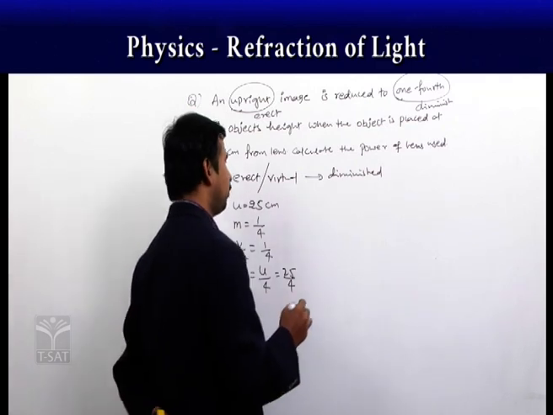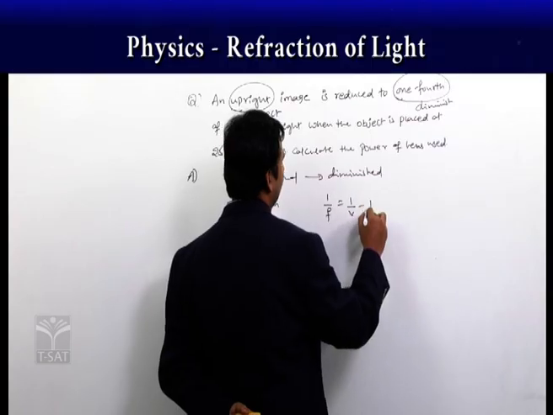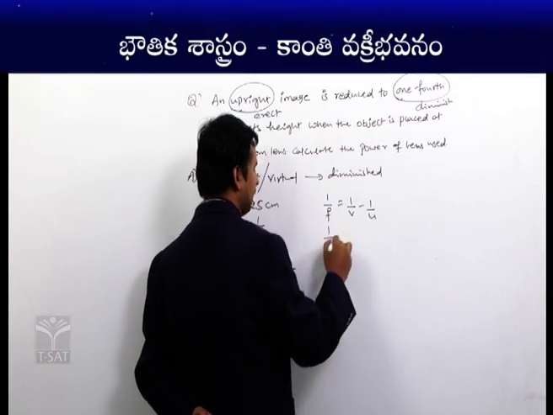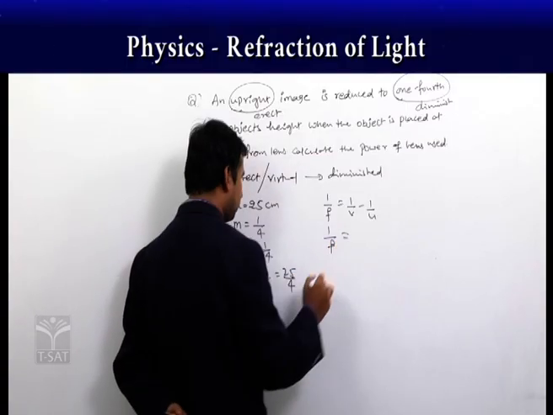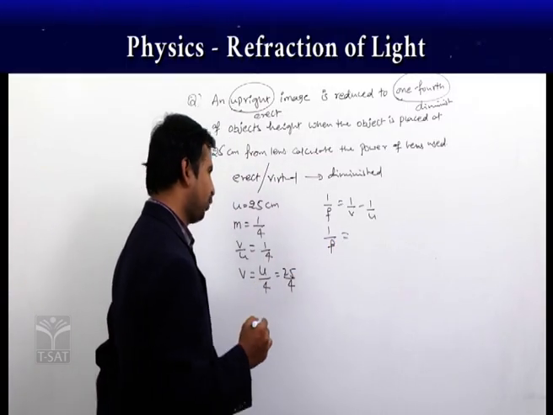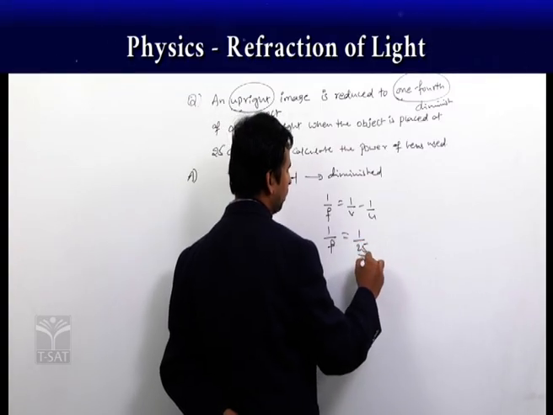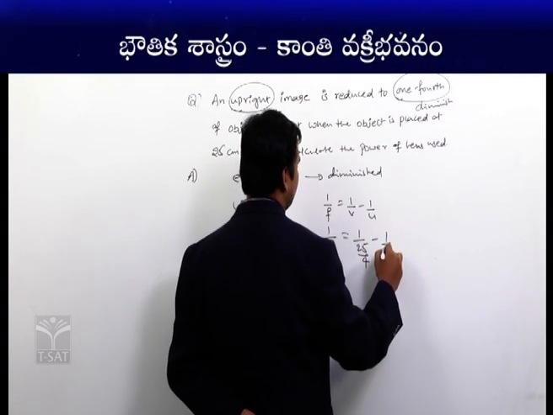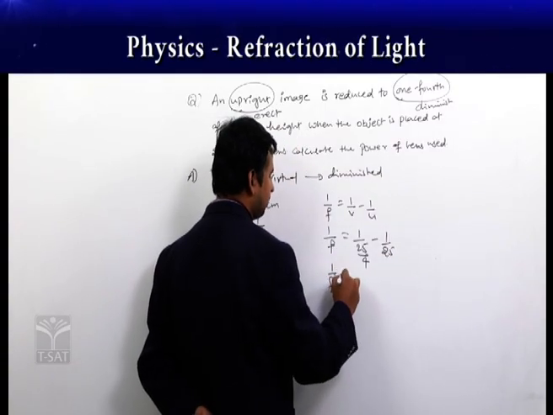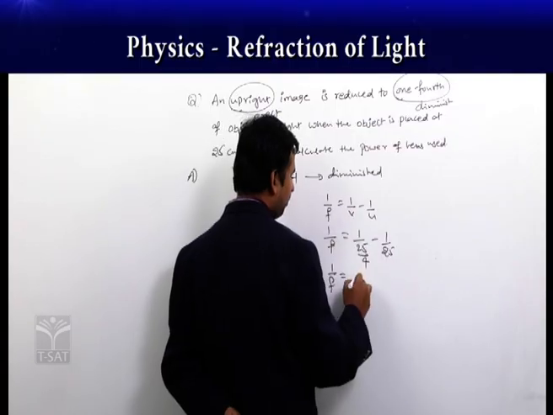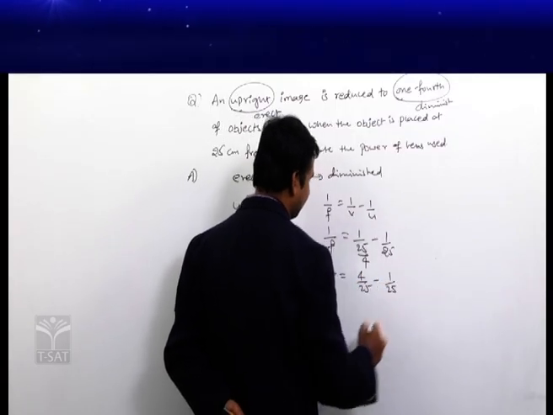Then if we take the lens formula, 1/f is equal to 1/v minus 1/u, we don't know the focal length, and the image distance is u/4, which is 25/4, minus 1/u, the object is at 25 centimeters. Then 1/f is equal to 4/25 minus 1/25.